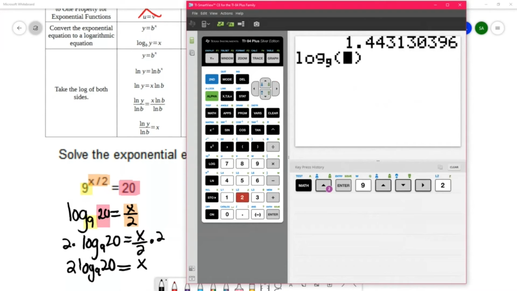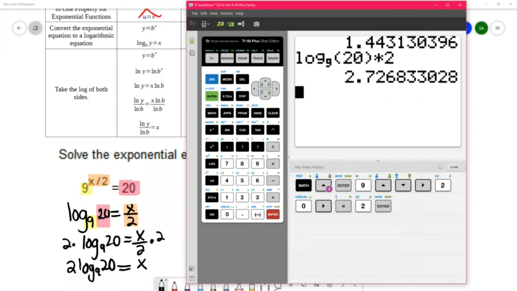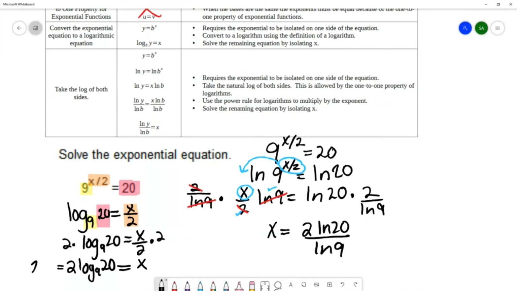I really should have multiplied by 2 first, but I can multiply by 2 right now. And that's approximately, let's say, 2.73, if we round to the hundredths place.